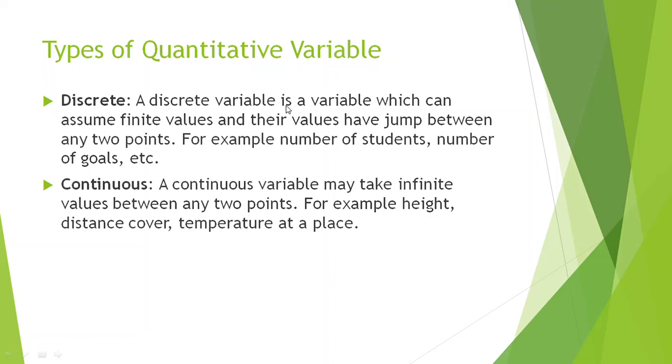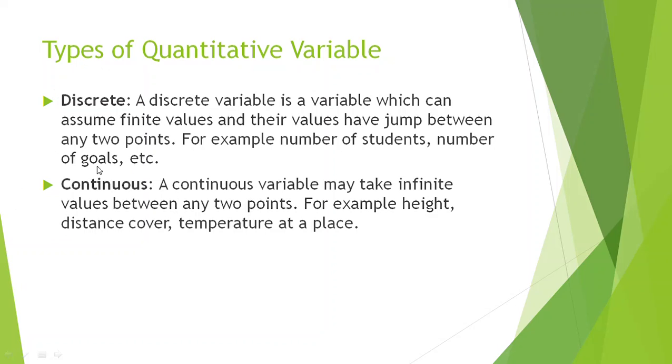A discrete variable is a variable which can assume finite values, and their values have a jump between any two points. For example, the number of students, number of goals, etc. Anything which you can count, or anything which is a whole number and countable, is called a discrete variable.